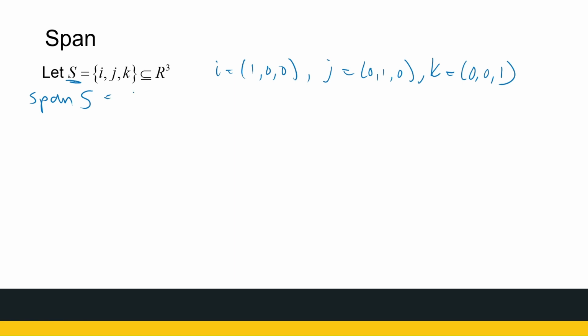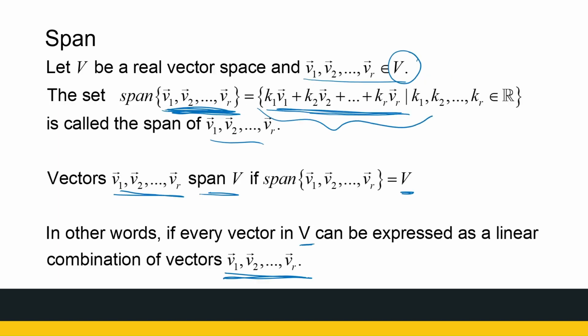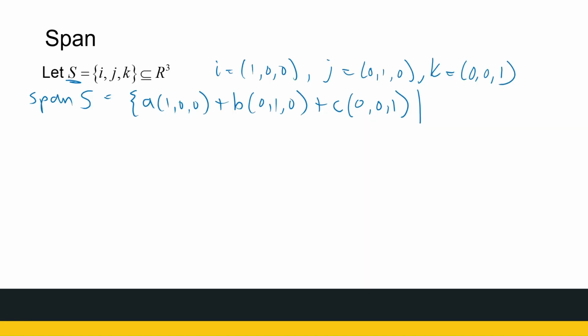So span of S is the set of all A times 1, 0, 0, plus B times 0, 1, 0, plus C times 0, 0, 1, where those coefficients A, B, and C are any real numbers. So I run through all the real numbers and I take all the linear combinations of those sets, and that's what the span of S looks like.